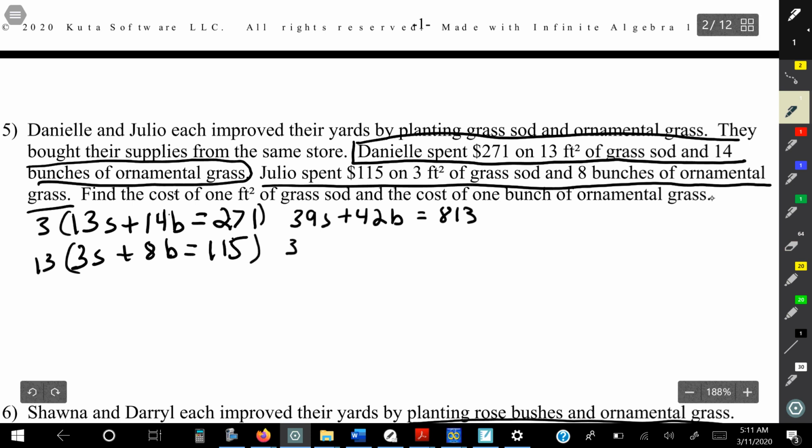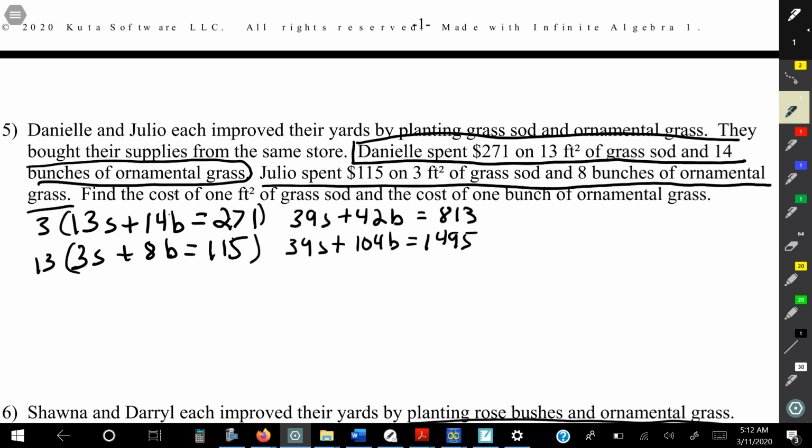And then you get 39s here plus 104b is equal to 1,495. So what I'm going to do is go ahead and subtract these.